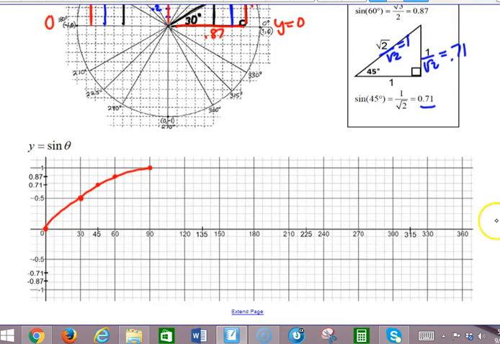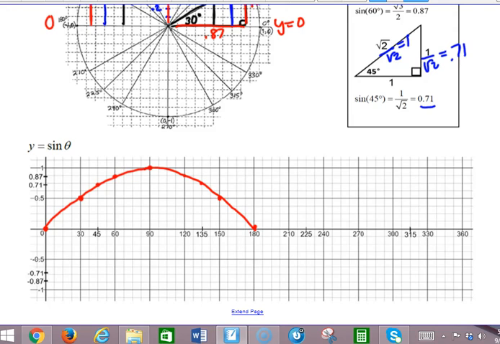So we go back down: 0.87 at 120 degrees, 0.71 at 135, 0.5 at 150, and then we're back down to 0. So there's the other half of our curve going back down.